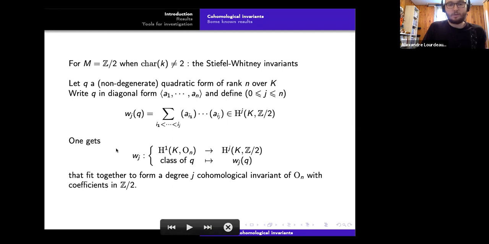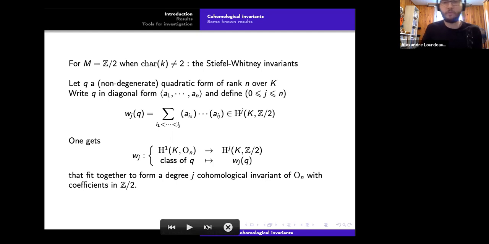So one gets a map w_g from H^1 of K into H^g(K, Z/2), which maps the class of Q to the invariant just above. And all these maps for capital K, we can put them together to get a degree g cohomological invariant of the orthogonal group with coefficients in Z/2.